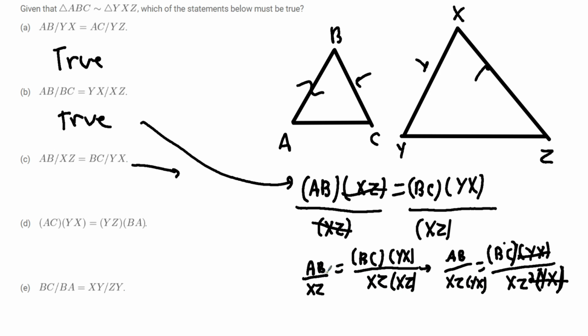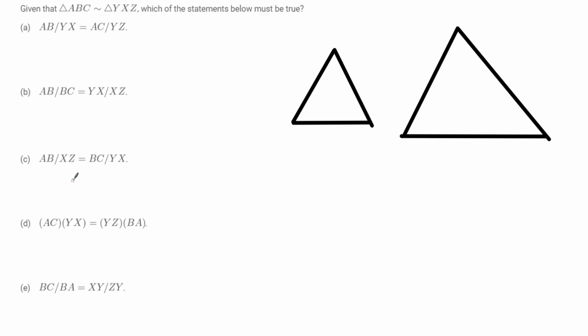So we could keep doing this on and on forever, but no matter how you divide it out, it's always going to get you stuck in this loop where you have two products on the bottom. So our answer for C is that this is a false claim, that those two ratios are equal. That's false.